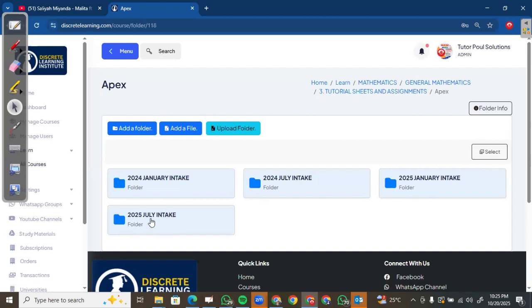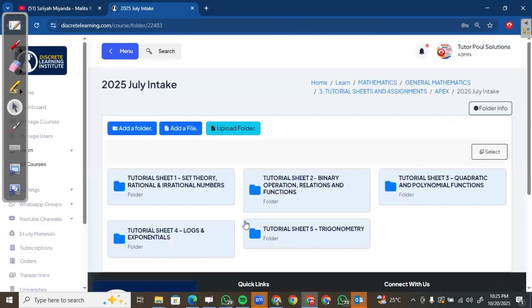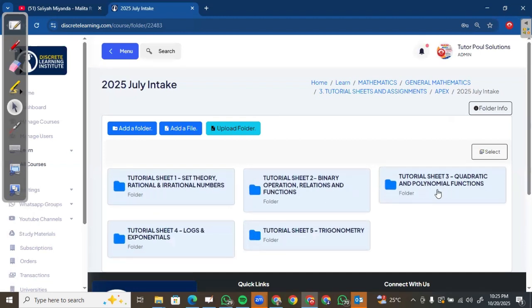So for the tutorial sheets, you go in 2025 July intake. Okay, you go there, you're going to find them. So we have videos here. Okay, so it's taking a bit of time to load, but it will load very soon. What's happening now? Okay, so you can see here tutorial sheet 1, tutorial sheet 2, tutorial sheet 3, tutorial sheet 4.